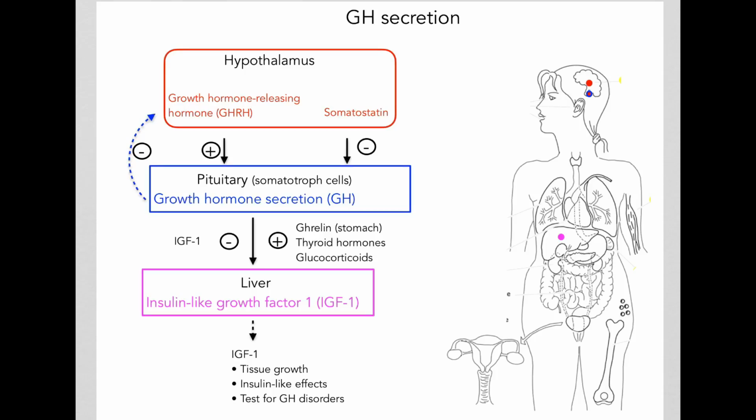Secretion of growth hormone from the pituitary is feedback inhibited by IGF-1, and there are also several other hormones that stimulate growth hormone secretion besides GHRH, and that includes ghrelin, which comes from the stomach, thyroid hormones, as well as the glucocorticoids such as cortisol.